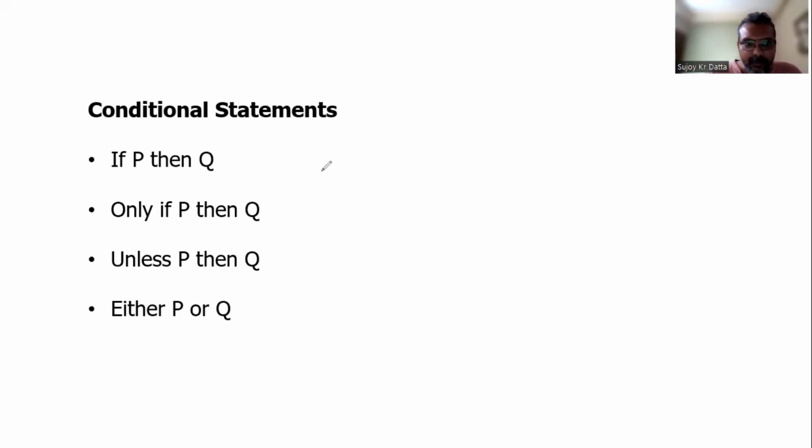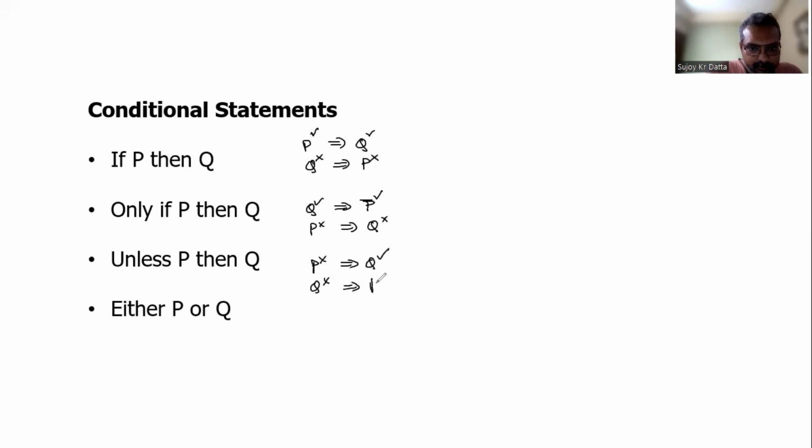So to summarize, if P then Q: P true implies Q true, Q false implies P false. Here Q true implies P true, and P false implies Q false. Here P false implies Q true, and Q false implies P true.